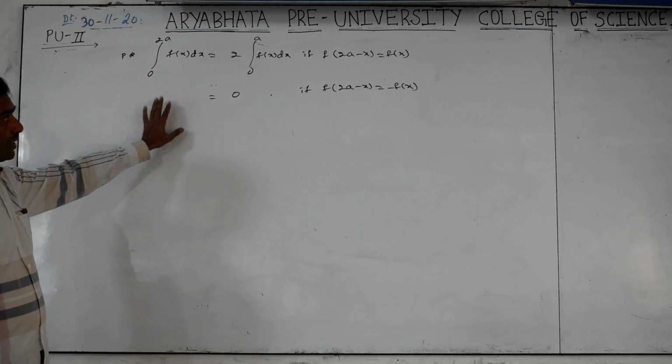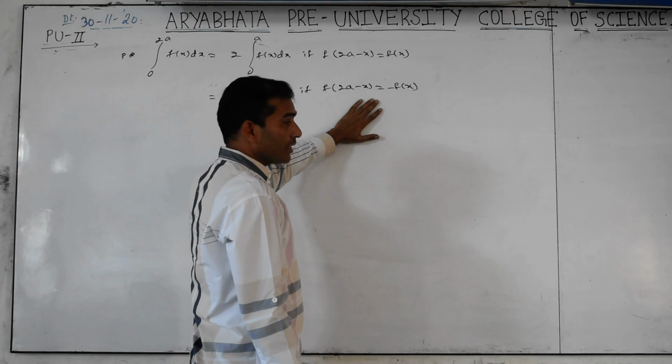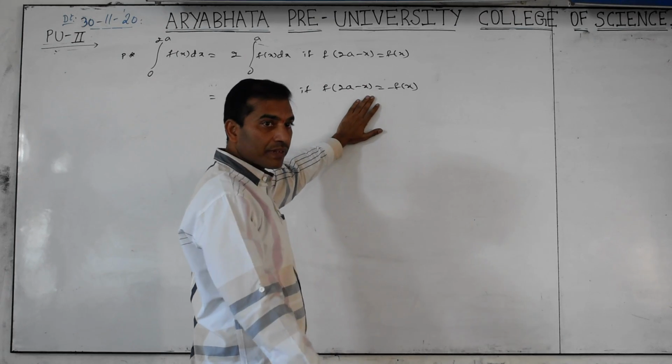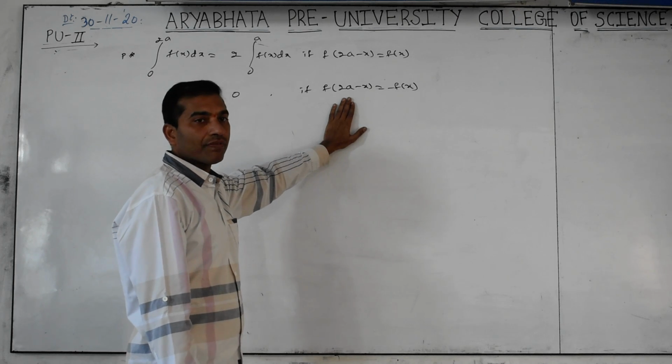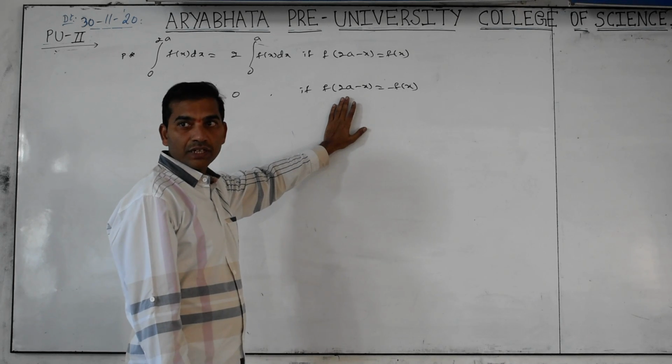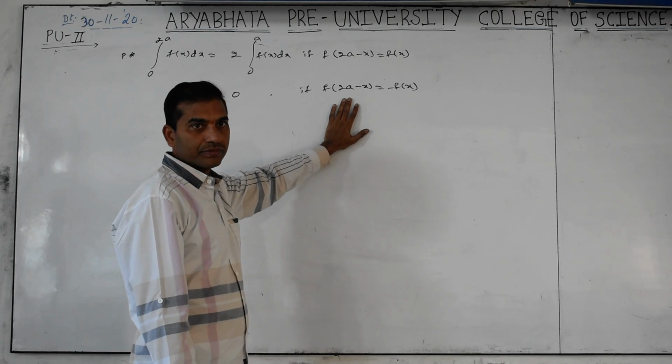Here it is not even, not odd function, because the odd function definition is different. Odd function means f of minus x equal to minus f of x. Even function is f of minus x equal to f of x. That is even function. Understood?